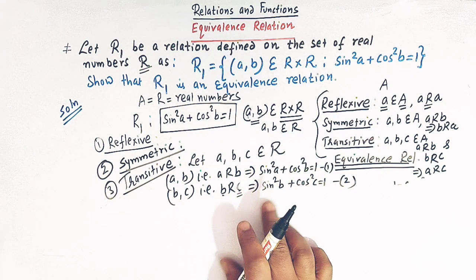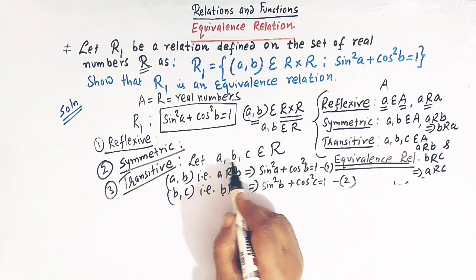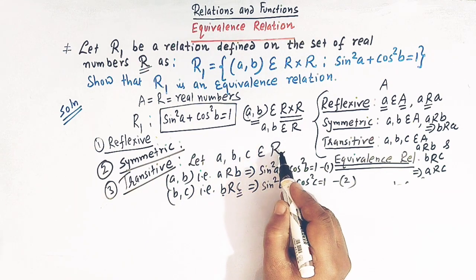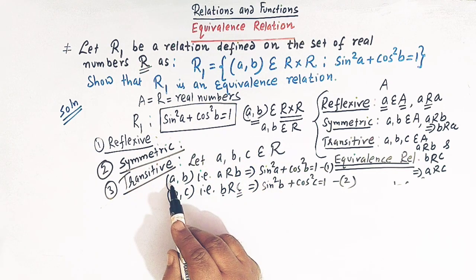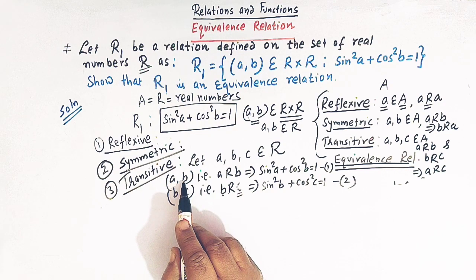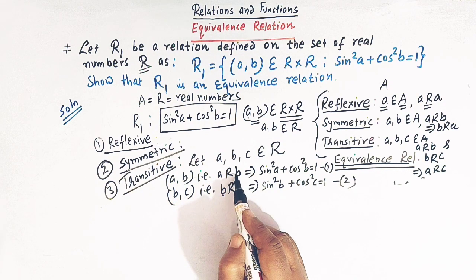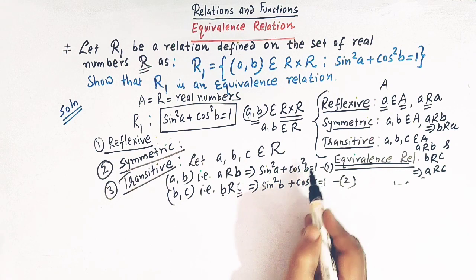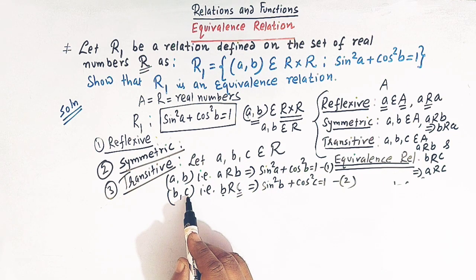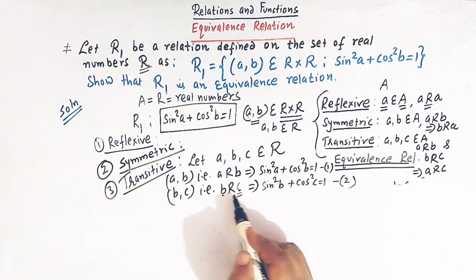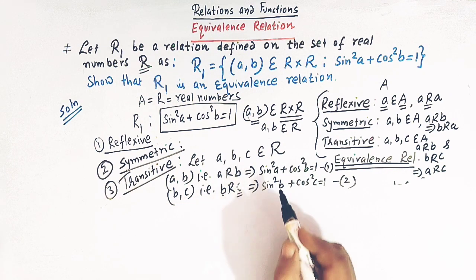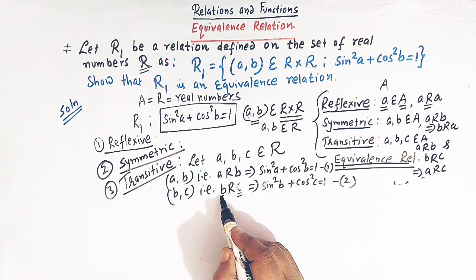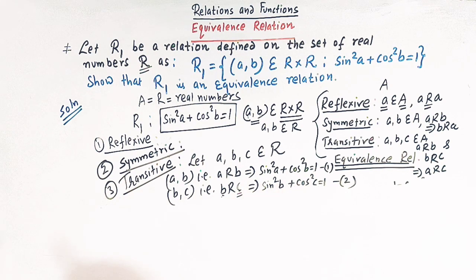So what we have done here: we have taken three elements A, B, C belonging to the set of real numbers. When we have the ordered pair A comma B, it means A is related to B, so sine square A plus cos square B is equal to 1. When we take the ordered pair B comma C, it means B is related to C, then we have sine square B plus cos square C is equal to 1.